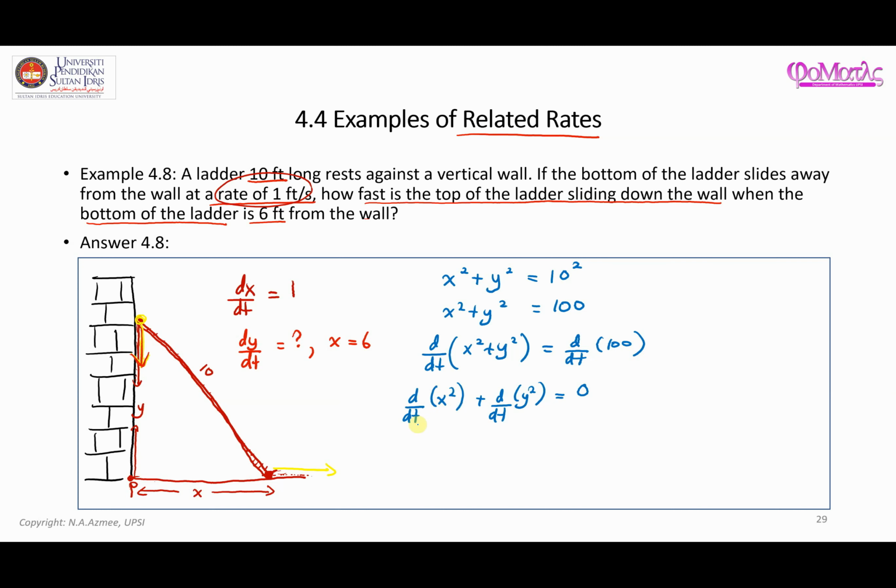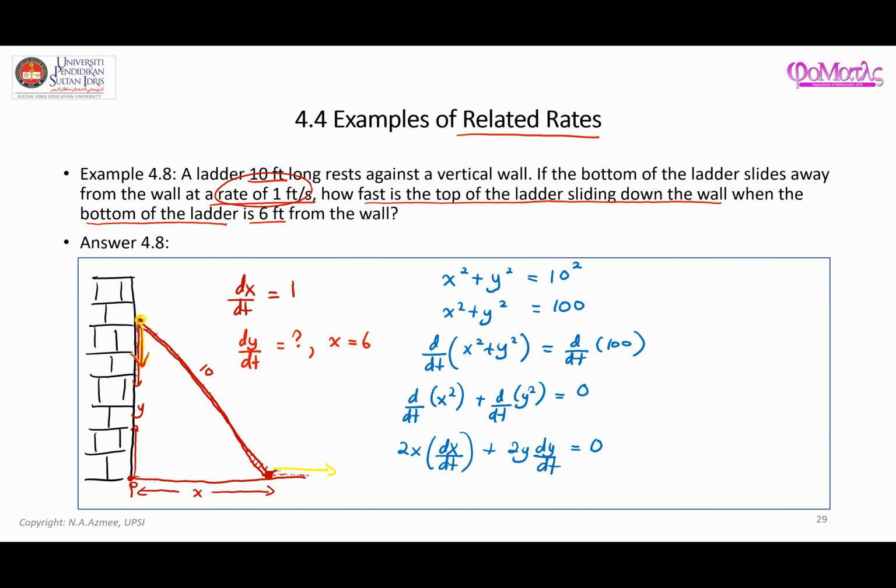The outer function gives 2x, and x is itself a function of time, so when you differentiate x, you get dx/dt. Next, differentiating the outer function gives 2y, and y depends on t, so when you differentiate y, it will be dy/dt. Recall the implicit differentiation exercises you have done before and apply the chain rule here. So it equals 0.